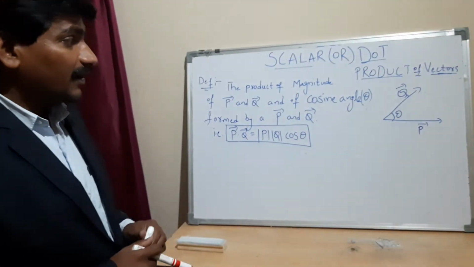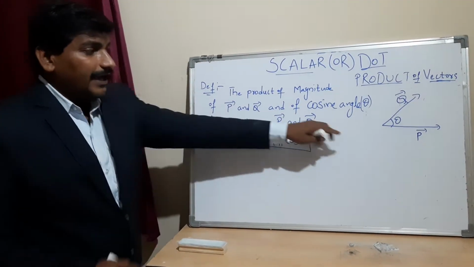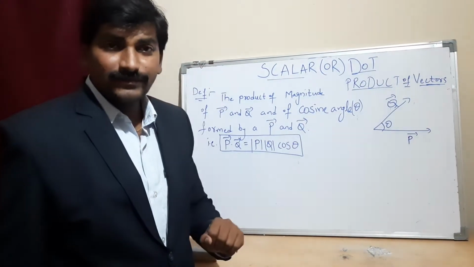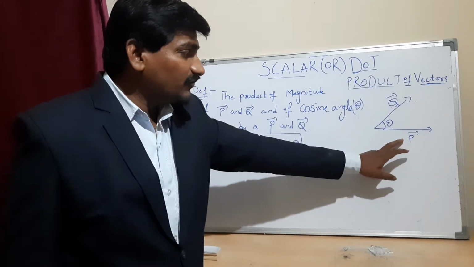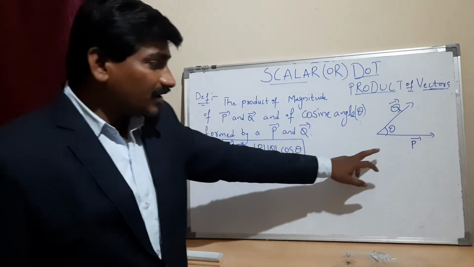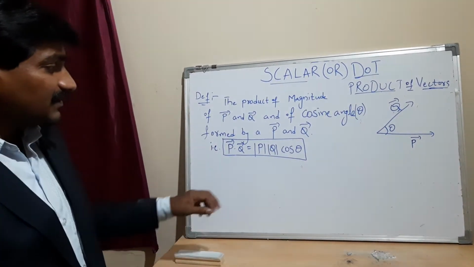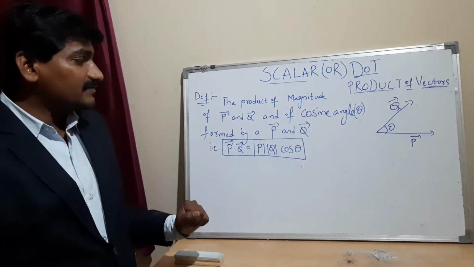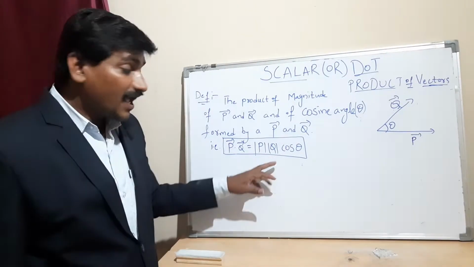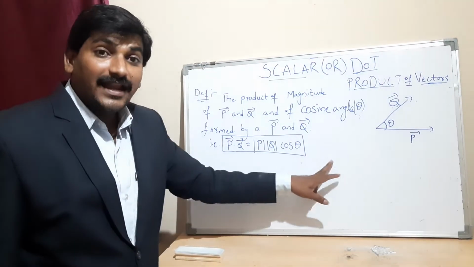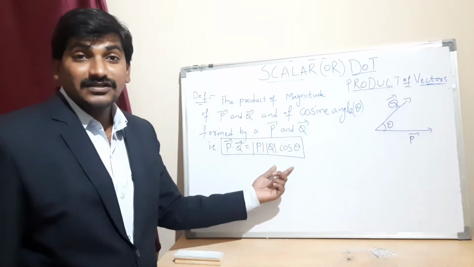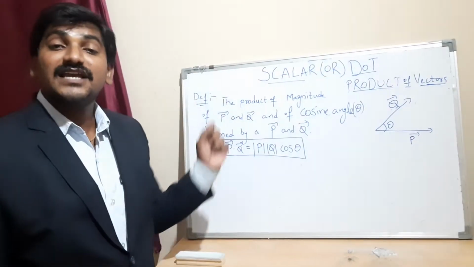Let me tell you, for example, I am considering two vectors P and Q. I am doing the product of these two vectors. The result of this product comes in the form of the product of the magnitudes of those two vectors with the cosine of the angle. Whatever answer comes after doing the product of these two vectors, it is scalar only.